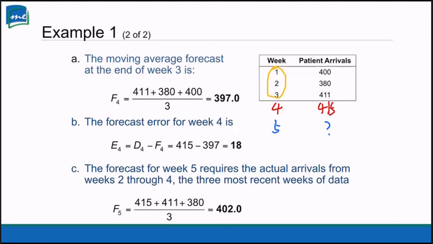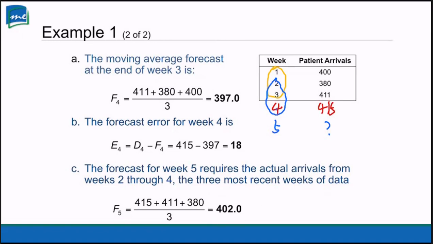We are moving the average to the next time period. So we consider weeks 2, 3, 4, sum those actual patient arrivals together and divide by 3 to obtain the average. Then we have the forecast for week 5. So this is what moving average is about.